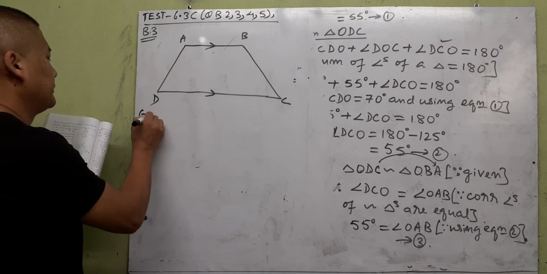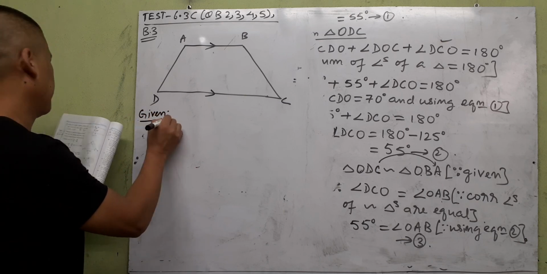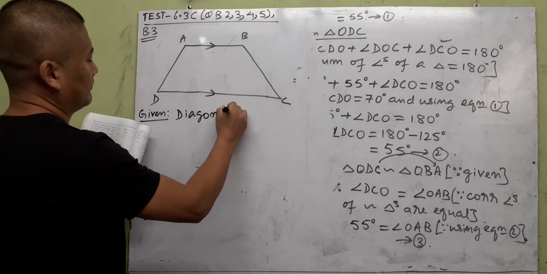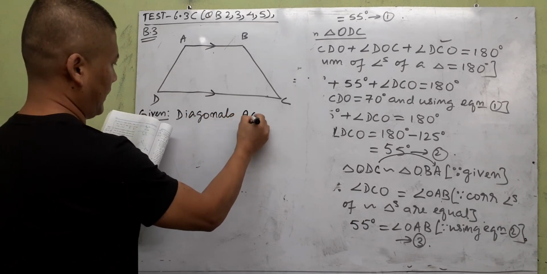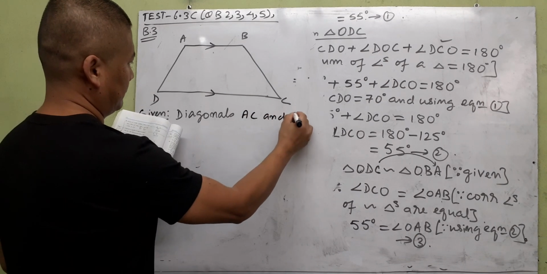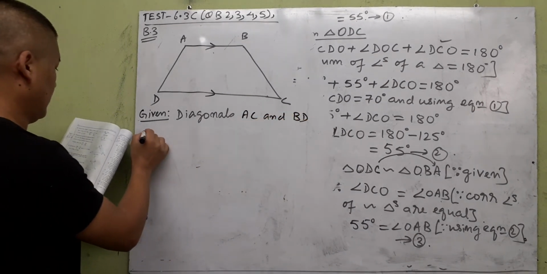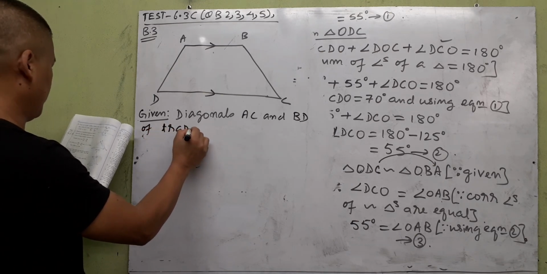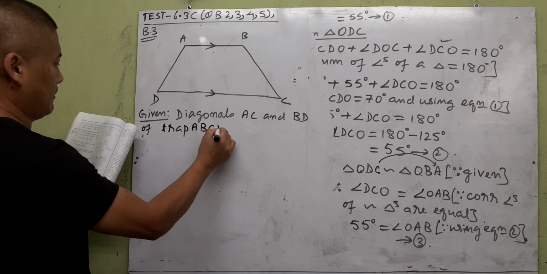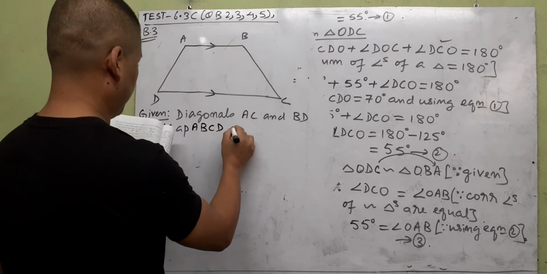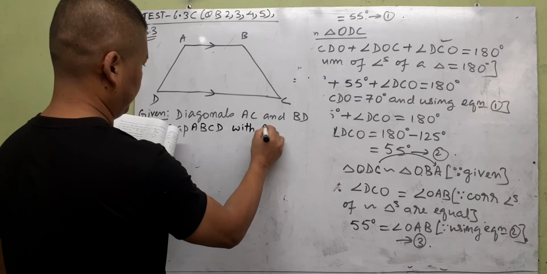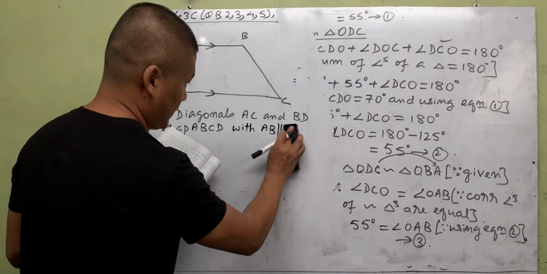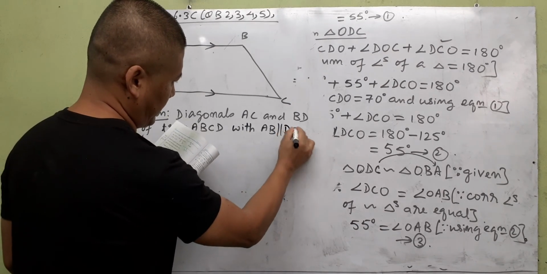So we write there: given. Let's do this slowly. Given to us as we read the question: diagonals AC and BD of trapezium ABCD with AB parallel to DC. They're writing CD, DC is the same.